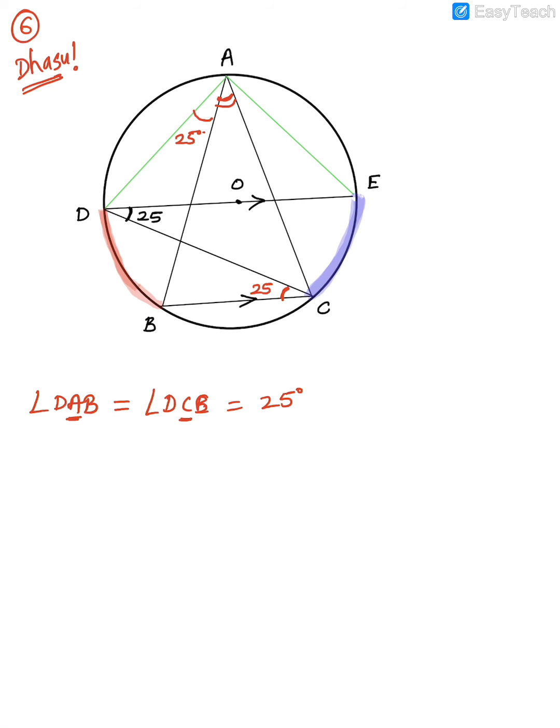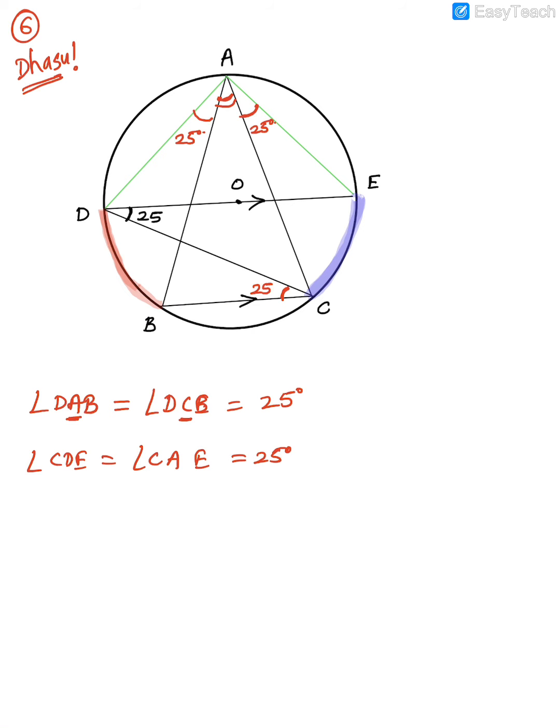So we'll mark that this angle is equal to 25 degree. Done. So angles opposite the same arc or angles in the same segment are equal. So I'll say that angle CDE out here, angle CDE is equal to angle CAE, which is also equal to 25 degree.